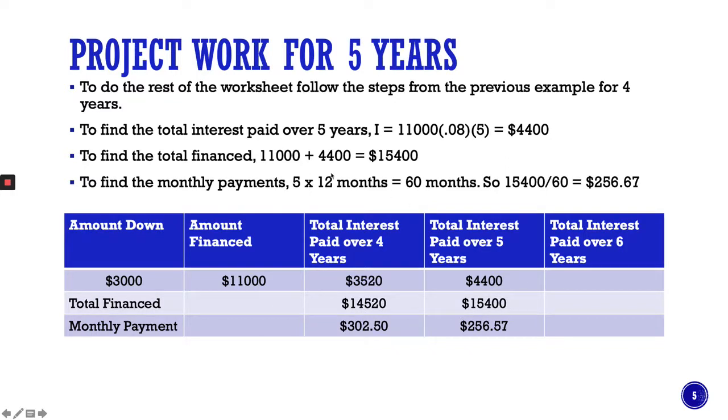The monthly payment, well, the months change because now it's 5 years times 12 months, which will be 60 months. So it's $15,400 divided by 60 gets us a payment of $256.57.